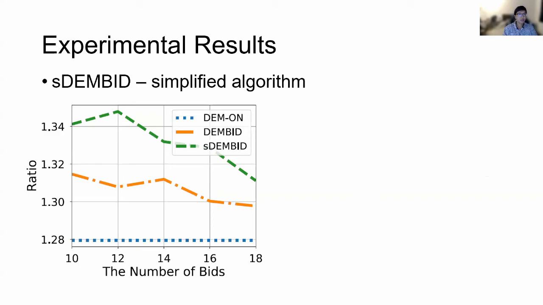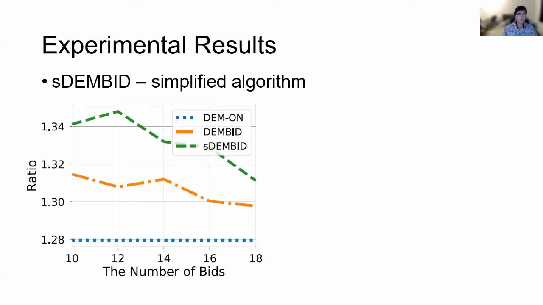Both dem bid and simplified dem bid have decreasing competitive ratios overall, and the orange line for dem bid is outperforming the simplified dem bid. This also seems to follow our main theoretical result on a relatively small scale of increasing the number of bids.